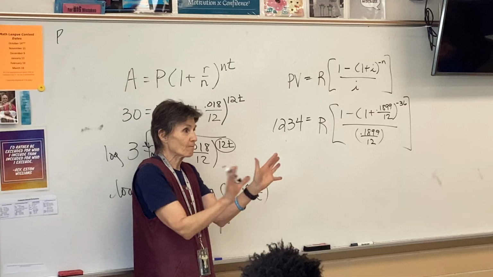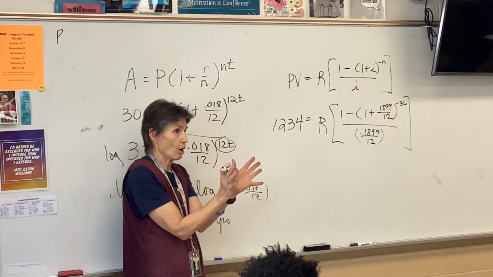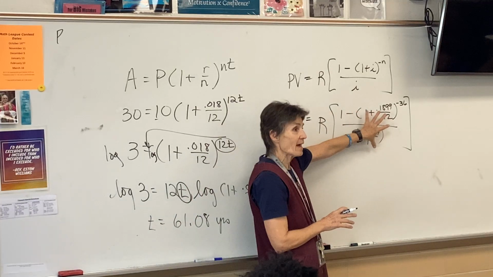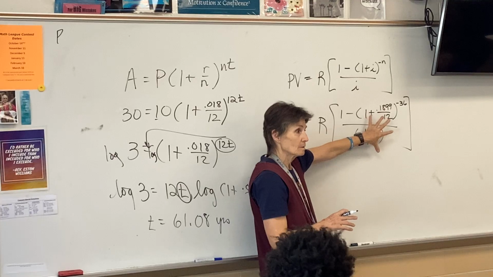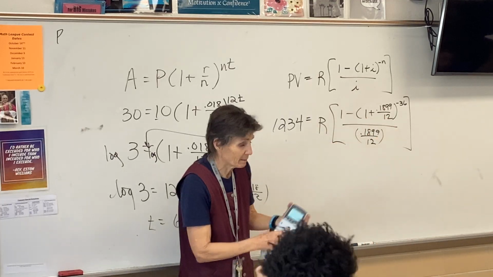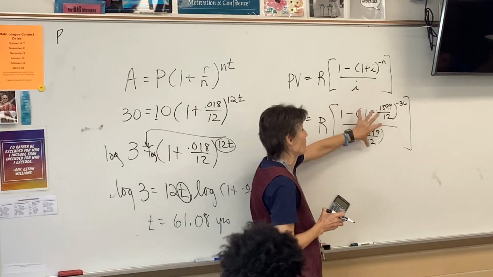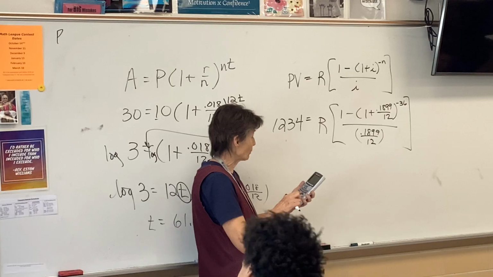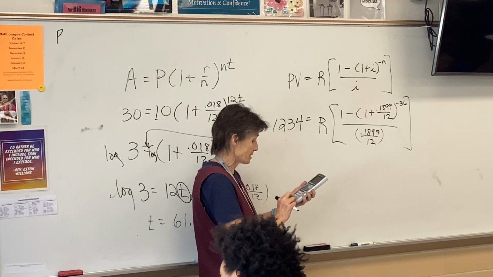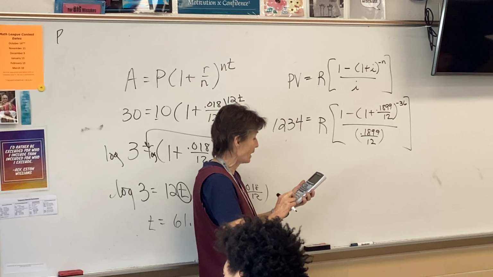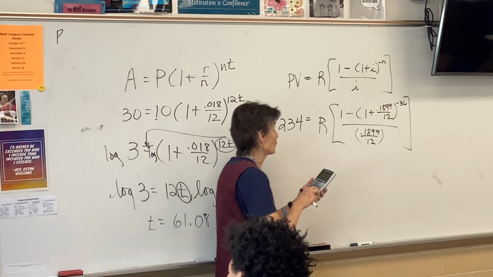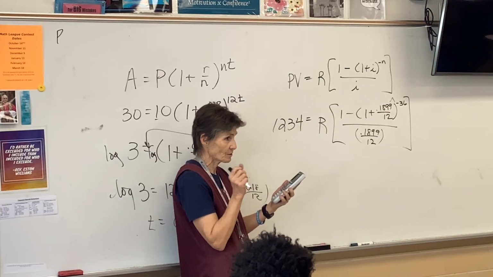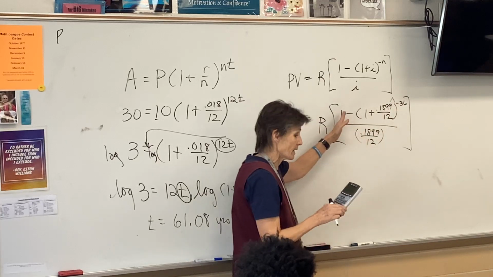Now, before we start freaking out here, we want R. Don't we just need to take 1, 2, 3, 4 and divide it by that? The way I like to do it, which minimizes parentheses, is to figure out the pieces first. So 1 minus parentheses 1 plus 0.1899 divided by 12, close parentheses, raised to the negative 36 power equals, so I just did my numerator and got 0.43.